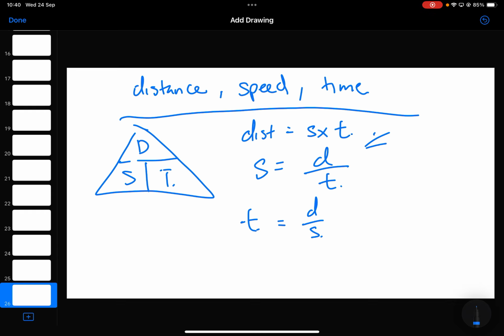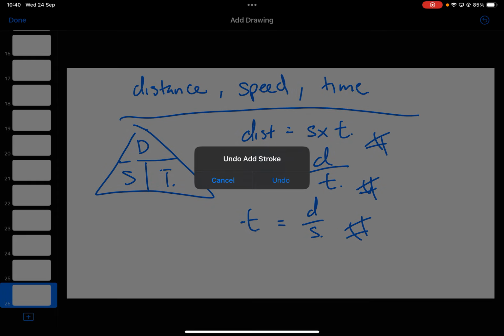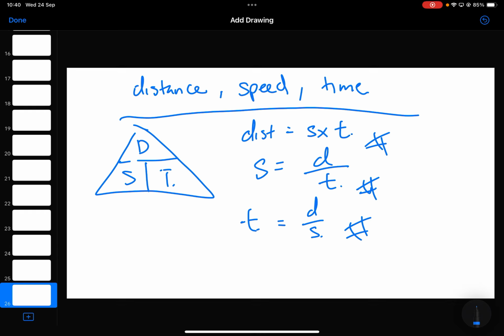So these are the three relationships that you may need to use, but all of them actually come from one. If you remember one of them, with your algebraic manipulation, you can get all three.